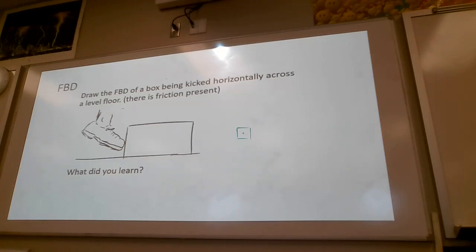And we have a hypothesis of what that free body diagram is going to look like.